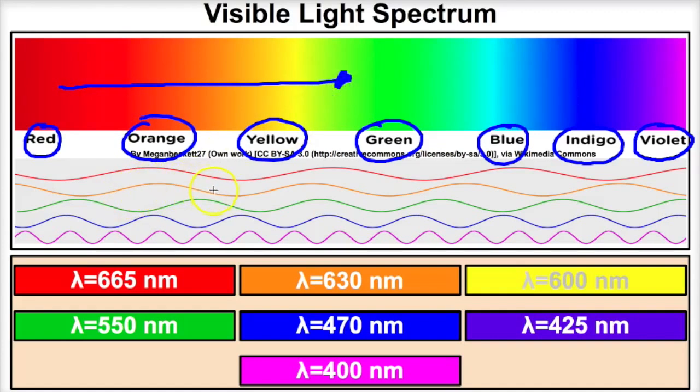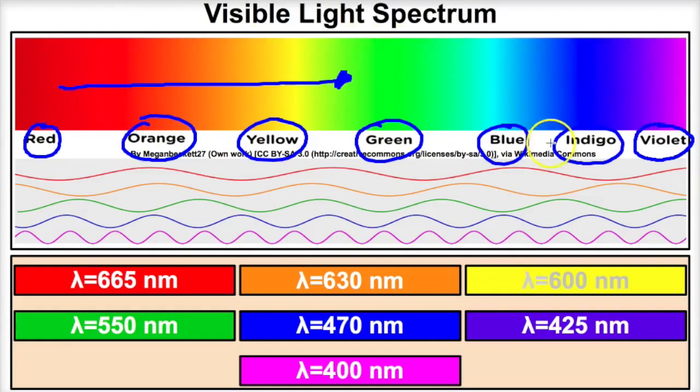For example, if you take a look at orange compared to green, compared to blue, the wavelengths get smaller as you move this way on the visible light spectrum, and the frequency is going to increase, and the energy in their photons are also going to increase. So red is very low frequency, very long wavelengths and very low energy forms of the visible light spectrum, whereas violet over here is very high frequency, it has high energy, and it has very short wavelengths.